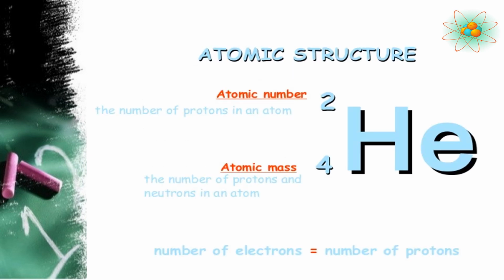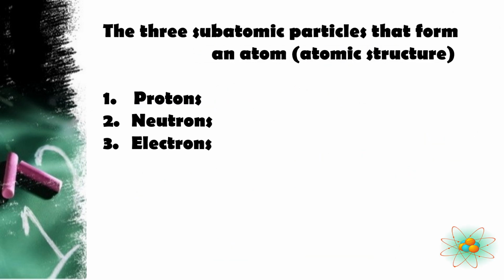Now, you have here the atomic structure. Where can you find this atomic structure? Usually in the periodic table of elements, you can see a lot of elements with their atomic number and atomic mass. So the three subatomic particles that form an atom are what we call the atomic structure.